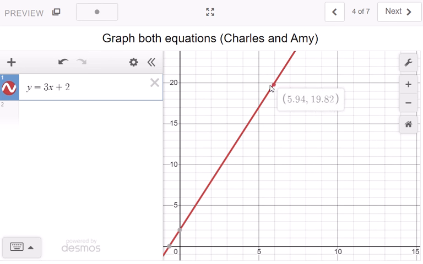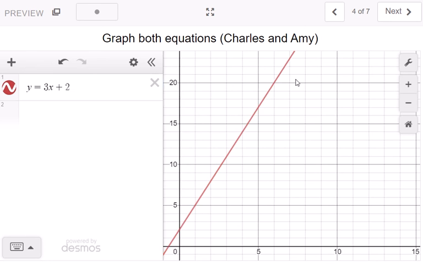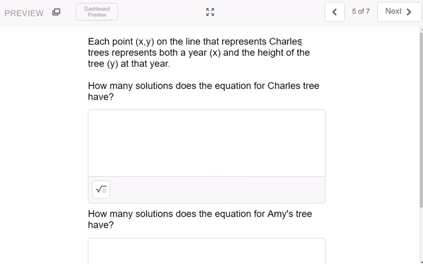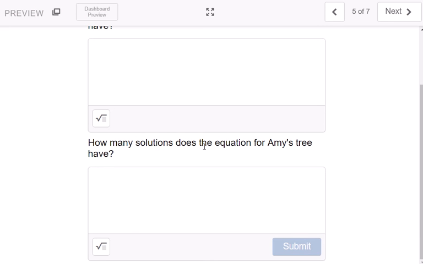All of these points that I'm showing are solutions to this equation. An important idea: each xy point on the line that represents Charles' tree represents both a year, which was the x value, and the height of the tree, which is the y value at that year. How many solutions does the equation for Charles' tree have? How many solutions does the equation for Amy's tree have?